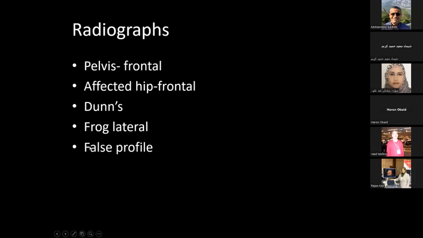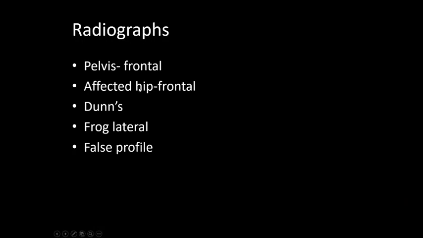The false-profile radiograph is very helpful because it helps assess the posterior joint space. The frontal radiograph of the affected hip normally helps with assessing superior joint space narrowing, but the false-profile radiograph helps assess posterior joint space narrowing, which you don't normally see on the frontal radiographs.